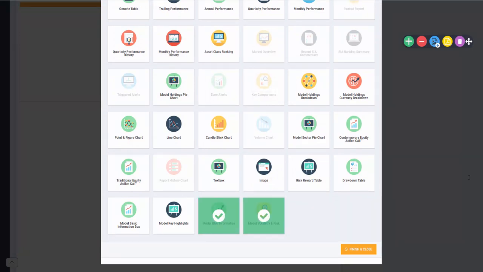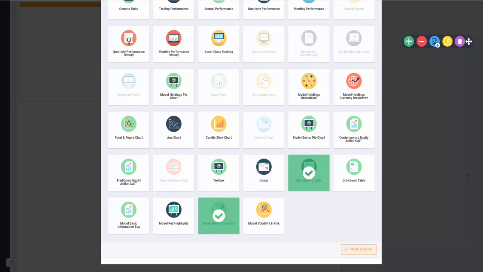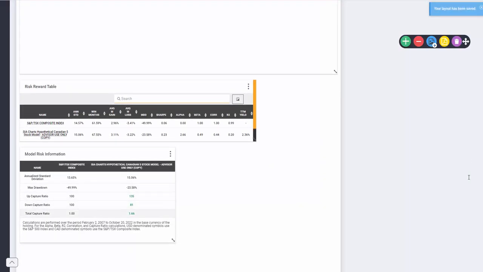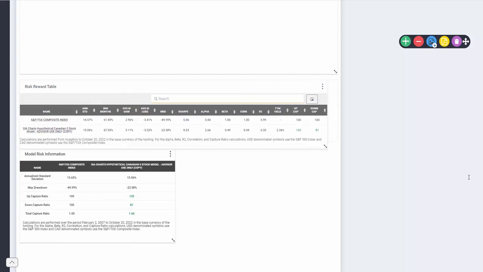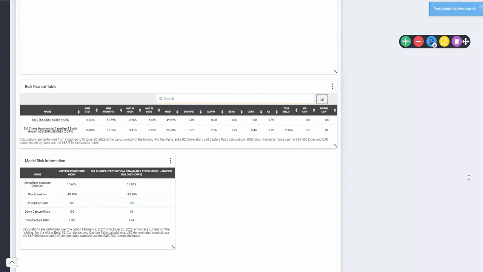I believe it's in the model risk information, or in the risk reward widget. So risk reward table right here. So both of these will have those capture ratios, and I can add them in here. There you go. You can see the upside capture ratio to our primary benchmark, as well as what we just looked at in the risk reward table.